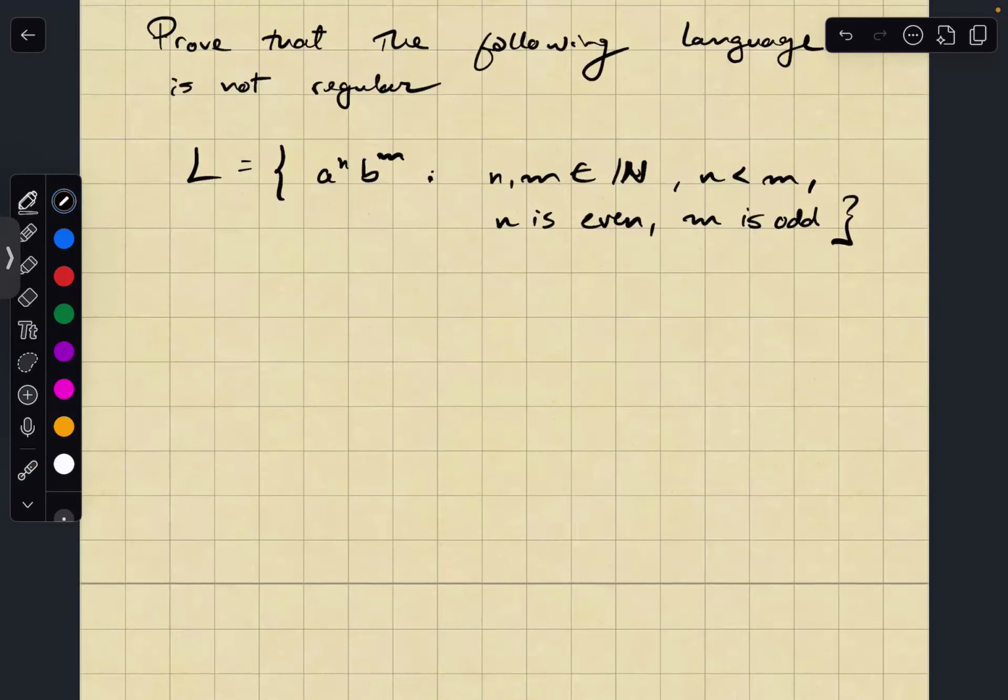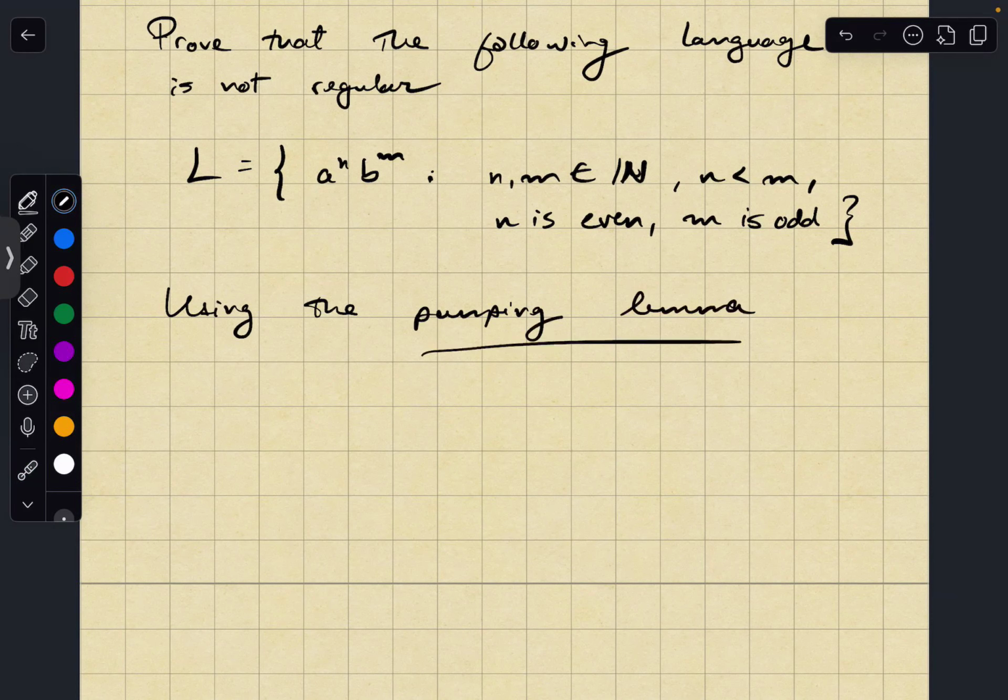We're going to use the pumping lemma. Just as a reminder, what does the pumping lemma say?